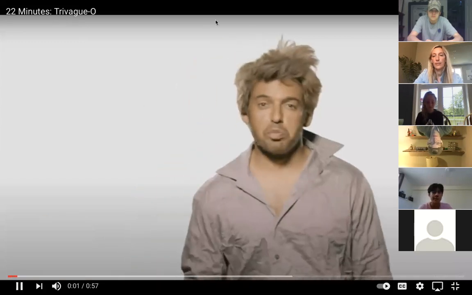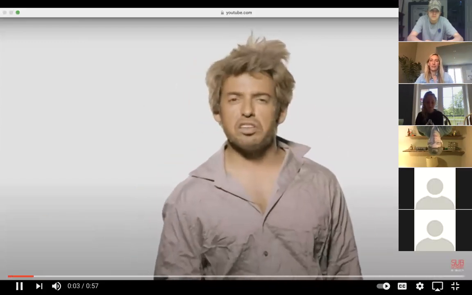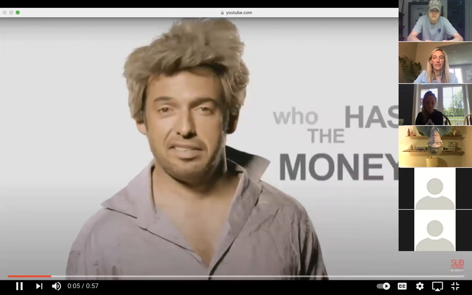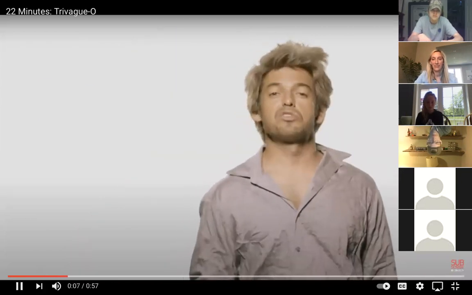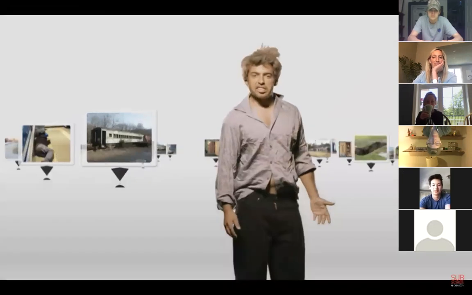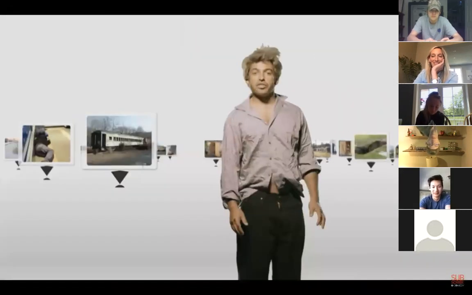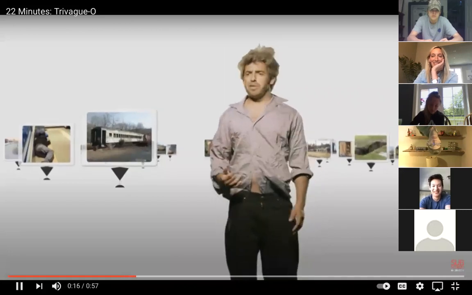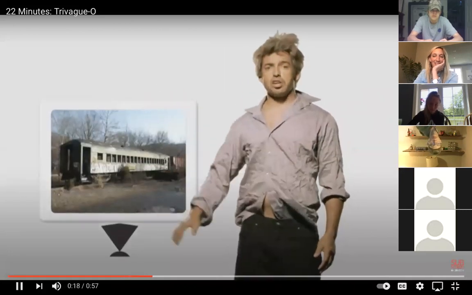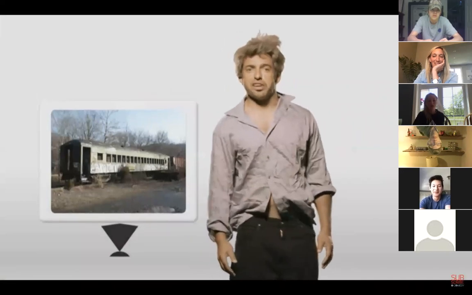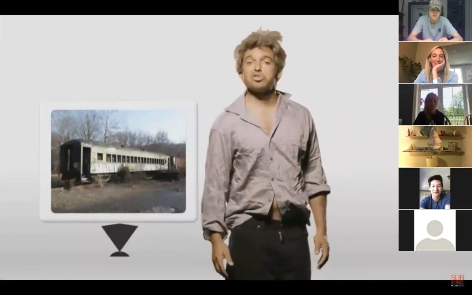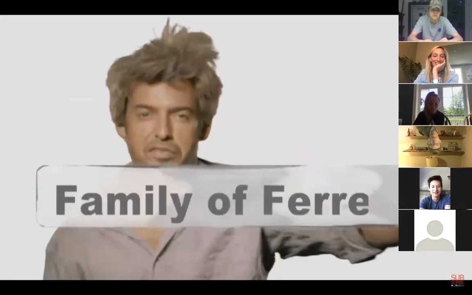You probably like to go places, but with the price of hotels these days, who has the money? That's why I like to use something called Trivago. Last week I had to get out of town real fast, never mind why, I just did, okay? And Trivago totally hooked me up with this amazing abandoned train car just off Highway 7 on the outskirts of Parry Sound. And all it cost me was a fist fight with a family of ferrets.